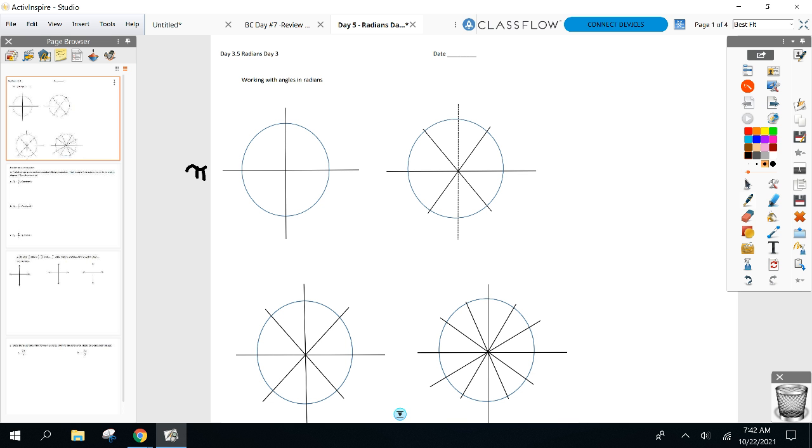If you're going to look, you've got to look back. 90 was pi over 2. Anybody remember 270? 3 pi over 2. And when I go back to 360, it's 2 pi. Yes.